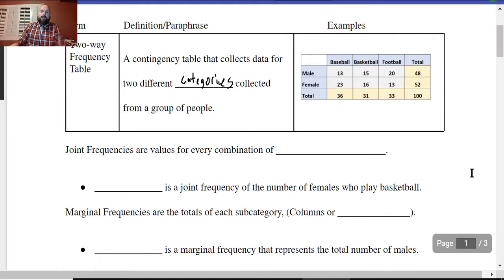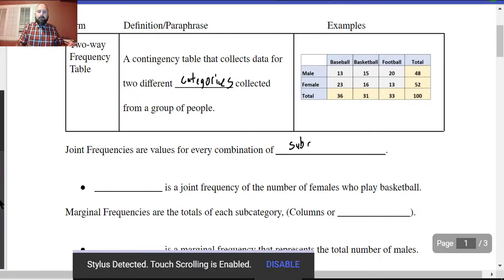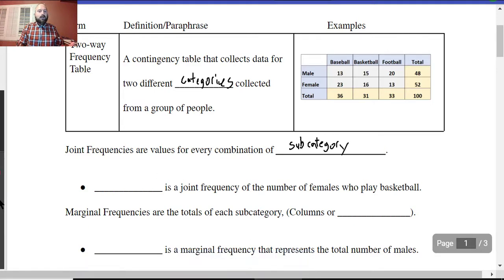So joint frequencies are values for every combination of subcategory. For example, a joint frequency is the number of females who play basketball. Well, that would be 16 right there.